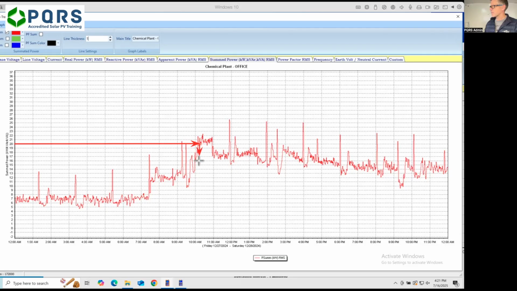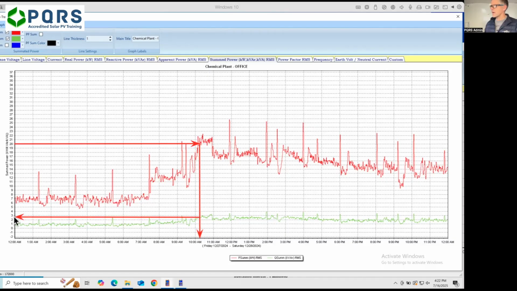And that line I'm going to draw down to there. Then if I activate the reactive power, we'll see that at that time, the reactive power is measured in kVAr, which is kVA reactive.